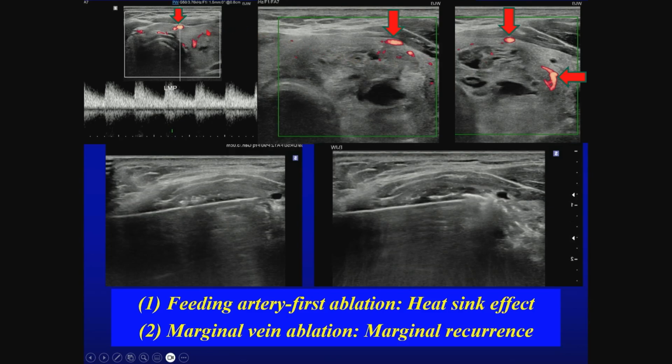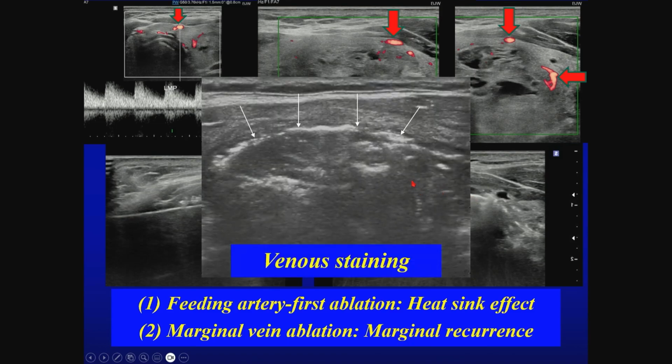At the beginning of RF ablation, we ablate this feeding artery and then ablate the thyroid nodule. At the end of RF ablation, we treat marginal veins as completely as possible.